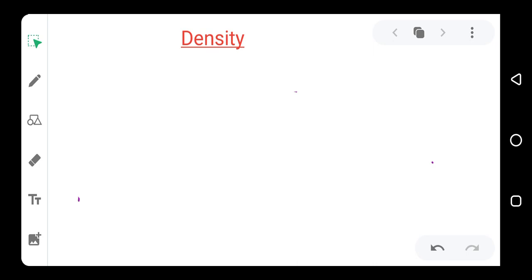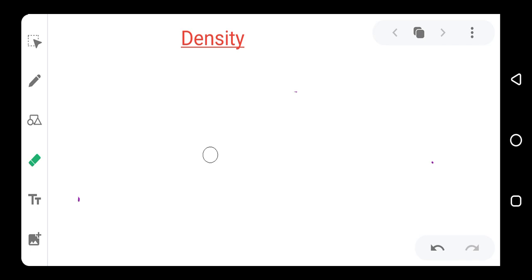We talked about measurements in our last lesson, and we gave the units of different measurements. We said that we measure length in meters, and we measure volume in meter cubed. Now, what density is telling us is that when we get a substance, let me say that you have a chunk of wood.